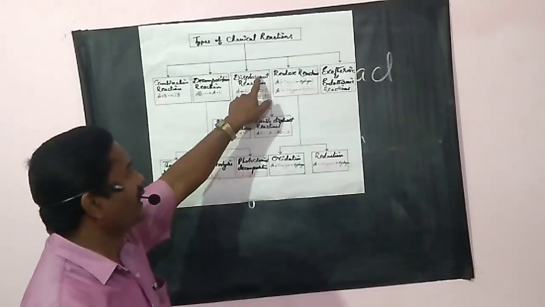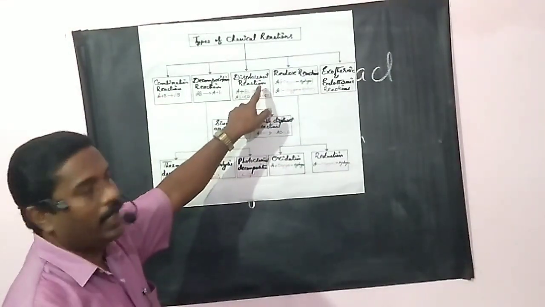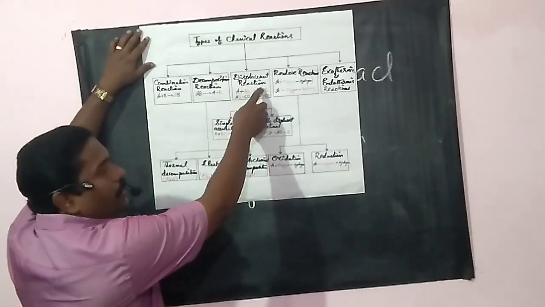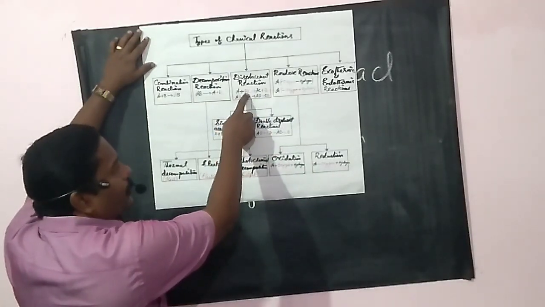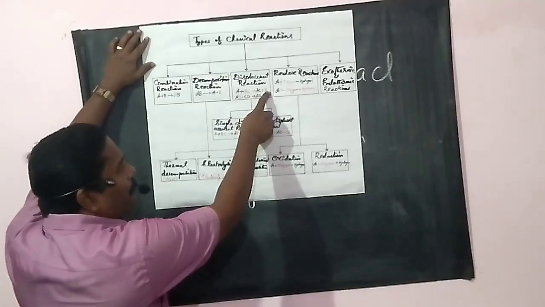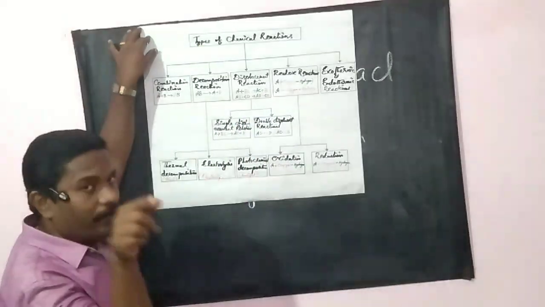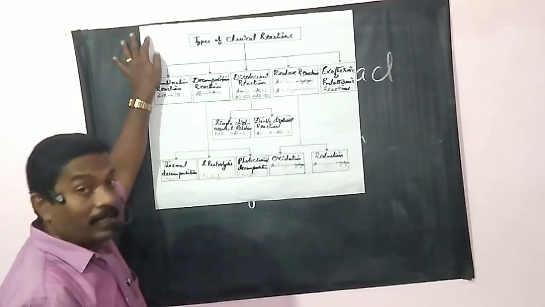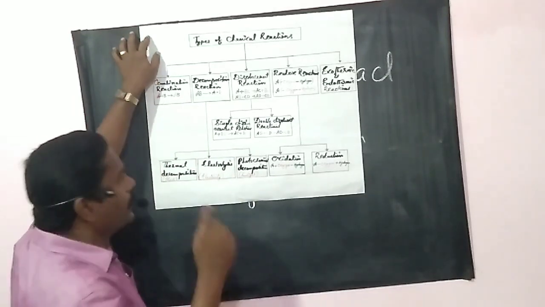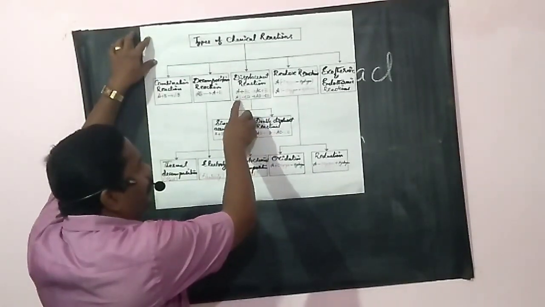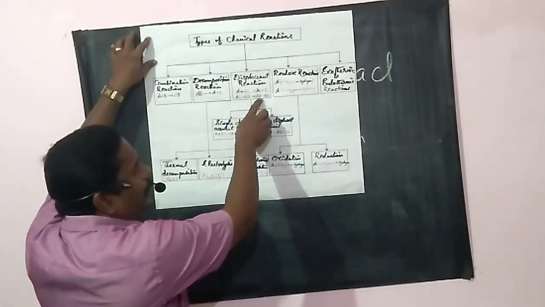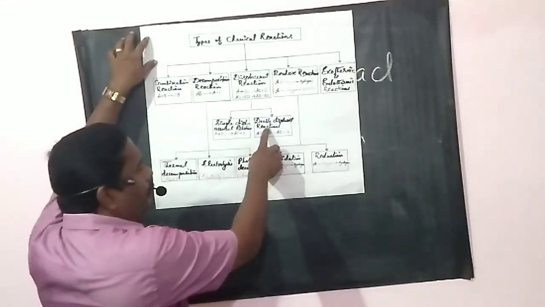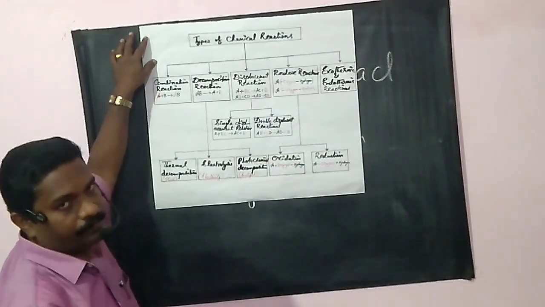Then third one, displacement. And in displacement, there are two types of displacement reactions. A plus BC gives AC plus B. This is what we call single displacement. And next one, AB plus CD gives AD plus CB. That is what we call double displacement reaction.